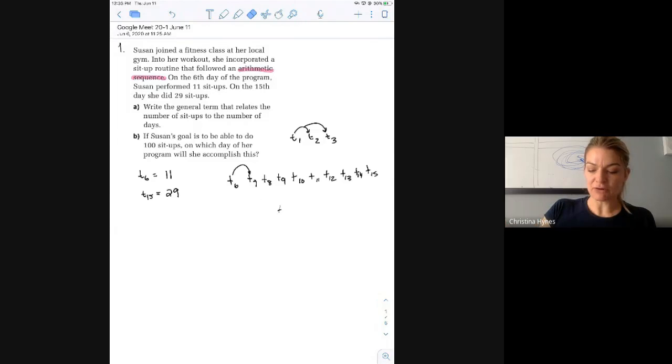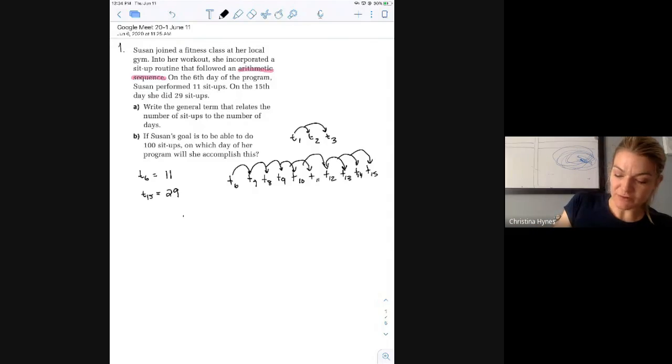Well, we want to figure out how many common differences, how many letter Ds would I have to add to go from term 6 all the way to term 15. So all you have to do is count 2, 3, 4, 5, 6, 7, 8, 9. So from term 6, you would have to add 9 common differences to get to term 15.